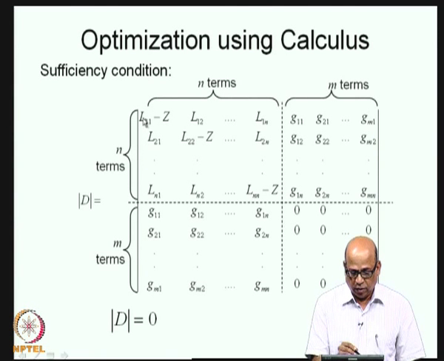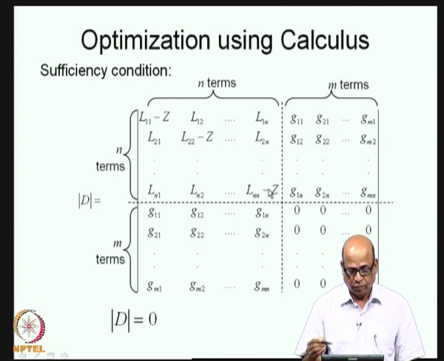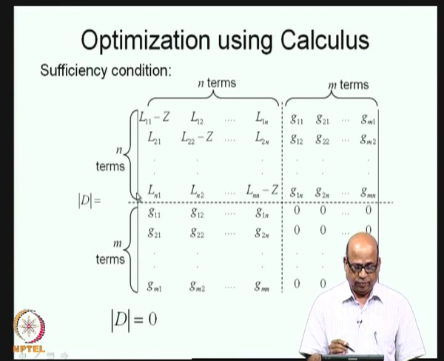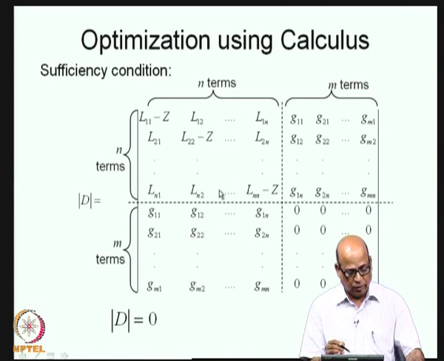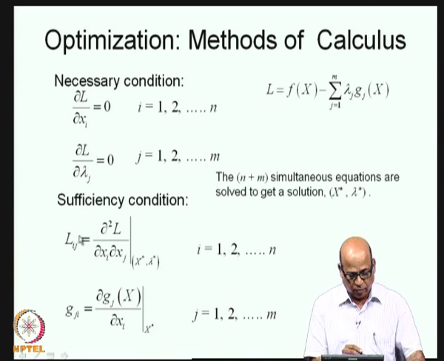So, this is d square L by dx1 square, d square L by dx1 dx2 etcetera, d square L by dx1 dxn, and then we go to L21 etcetera L2n, Ln1 etcetera Lnn minus z. So, all the diagonal elements we introduce minus z here. So, this is n by n terms. This we formulate based on the second order derivative Lij.